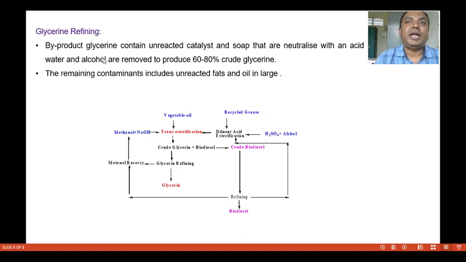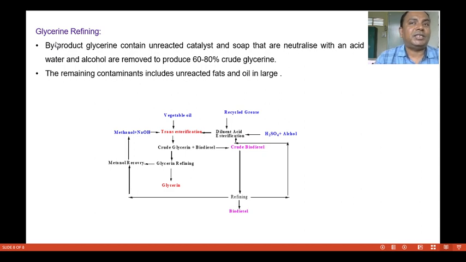Moreover, if acid content is there, then it could be neutralized with base, so that the acid-base reaction generates water, and when this water and alcohol are removed from the glycerol, what we get is 60 to 80% glycerol.